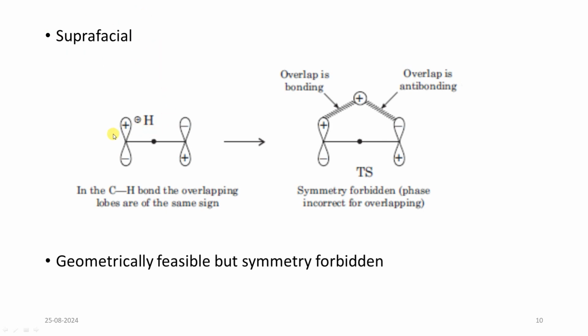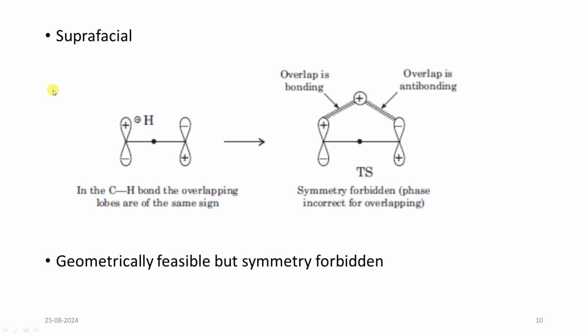If you migrate the hydrogen atom in a suprafacial manner, this interaction, positive and positive, is a bonding interaction, but the other side, plus minus, is an anti-bonding interaction. Although this is geometrically feasible, it is symmetry forbidden because of the plus minus interaction, an anti-bonding interaction, so there is no formation of bond.